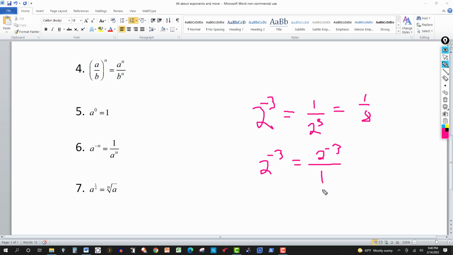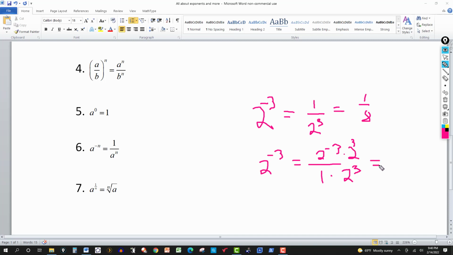That's the same thing. You divide anything by 1, it gives you the same thing back. So this is equal to this. Now I'm going to multiply the denominator by 2 to the 3, and I can do that as long as I do the same thing to the numerator. So multiplying by 2 to the 3rd up here, because remember, all I'm doing is multiplying this thing by 1. 2 to the 3rd divided by 2 to the 3rd is 1, so it doesn't change it.